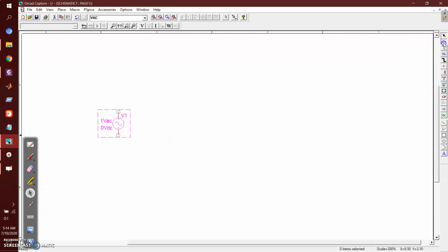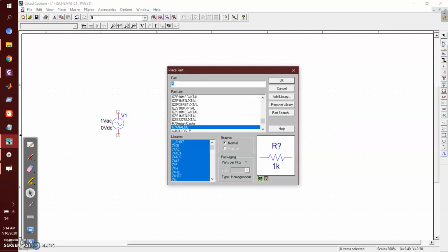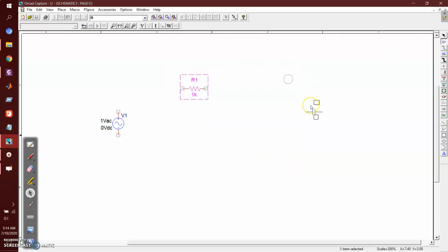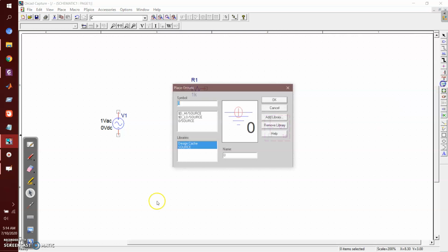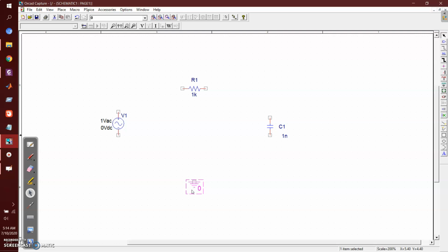I need one resistor R, and another capacitor C, and click R and it will automatically rotate. And I need my ground. Now I have all my components, so let's connect them.